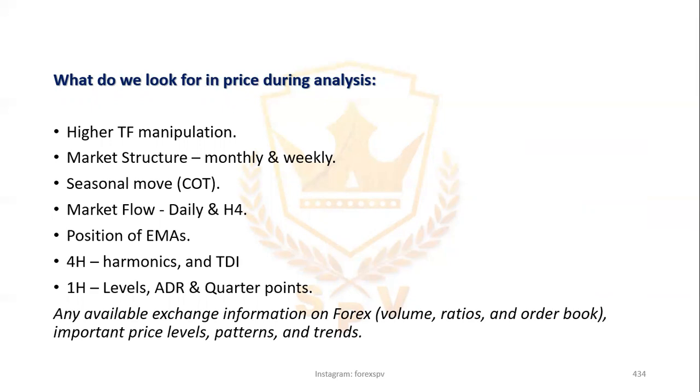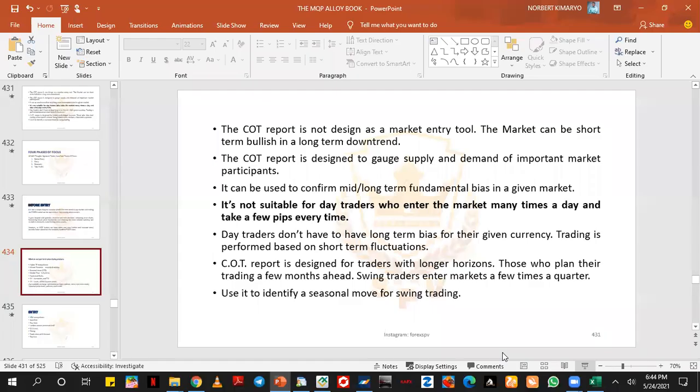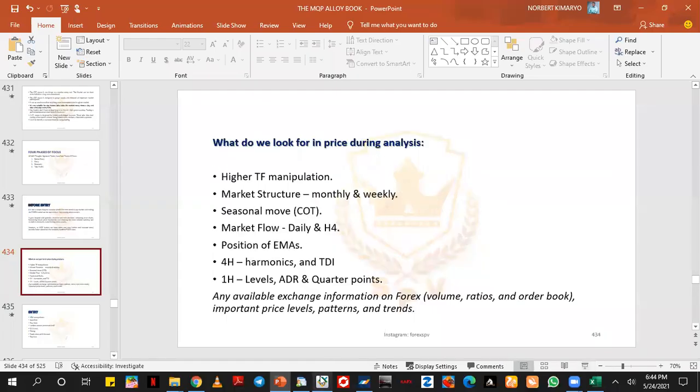Also, we consider the exponential moving averages, and then in the hour 4 time frame, we look for if there is a harmonic pattern, and we also look at the TDI. What does the TDI tell us? On the hour 1, we look at the market maker cycle, the levels, the ADR, and also the quarter points. So basically, those are the things that we look for in the market.